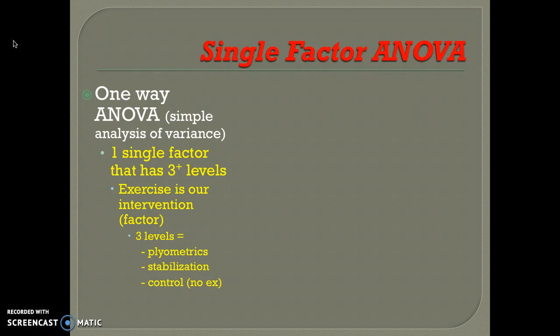So in our example on the slide here, exercise is our factor, and we have 3 different types we'd like to compare on the outcome of a timed 40-yard dash. The first group will be performing plyometric exercise, the second group will be performing stabilization exercise, and the third group will be performing no exercise. They'll be our control group. In this example, each type of exercise is considered a level.